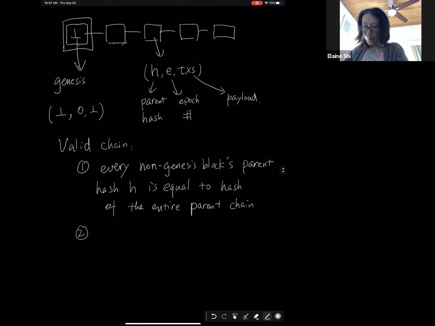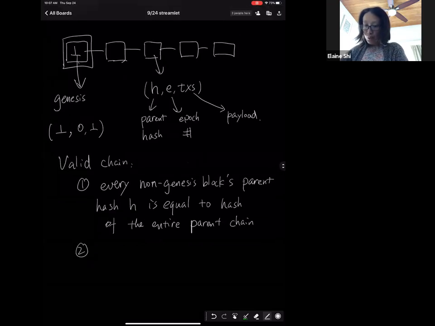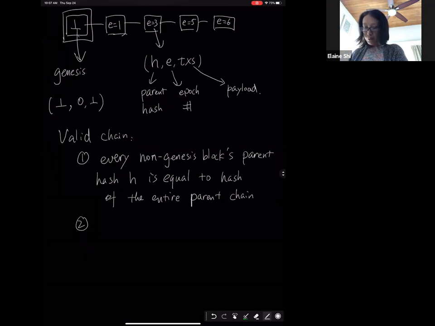And then we also want the epoch number, right? Each block has an epoch number. For the genesis block, the epoch number is 0. Let's say this has epoch number 1. This has epoch number 3. This has epoch number 5. This has 6. So we want the epoch number to be strictly increasing.